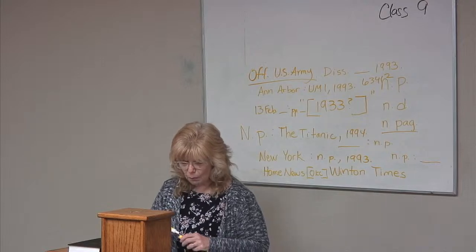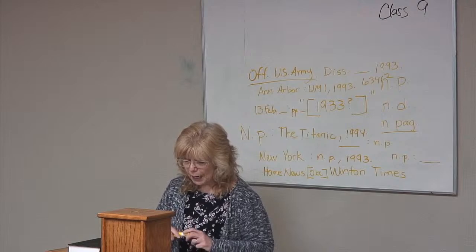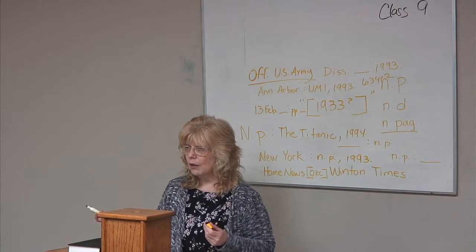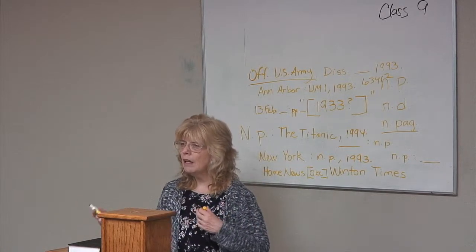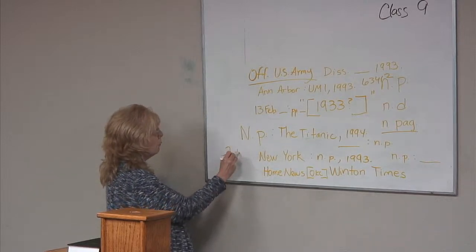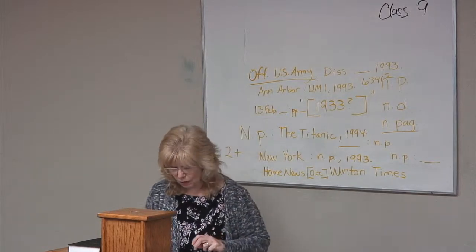If the article is not printed on consecutive pages, write only the first page number and a plus sign. Okay, so you know how newspapers sometimes start on page 2, but then they go to page 9. So you wouldn't need to put 2 and 9. You would just put 2 and then a plus sign. That tells the reader there are more pages to that article.